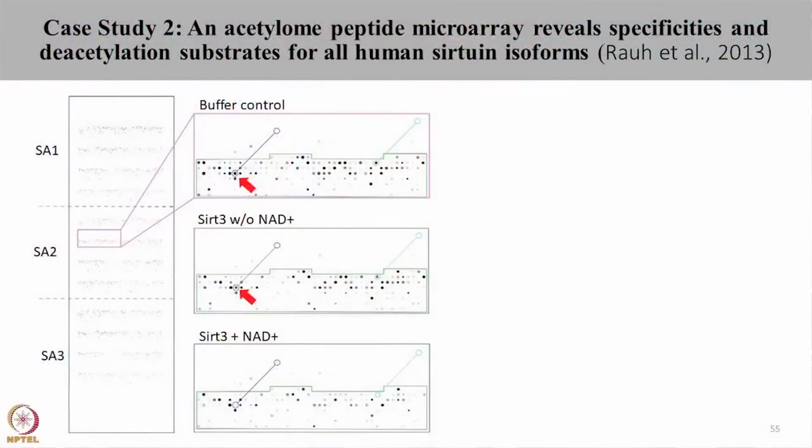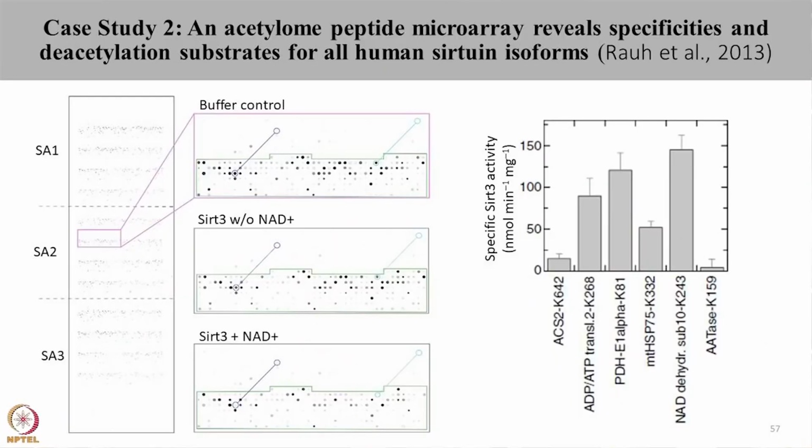Here you can see that there was no change in signal in buffer control as well as when the array was treated with sirtuins without NAD, whereas a loss in signal intensity was seen when the arrays were treated with sirtuin in presence of NAD, concluding that sirtuins need NAD for deacetylation and also confirming that deacetylation is happening on the array.